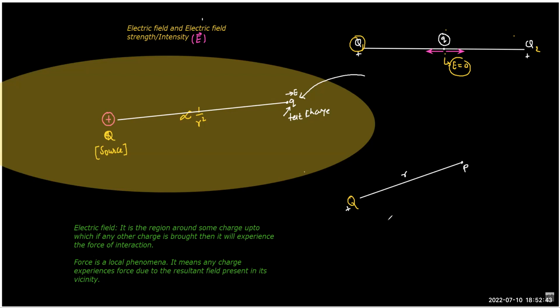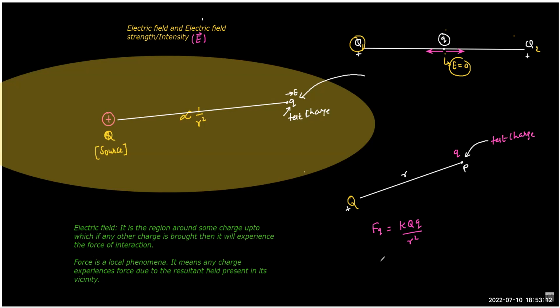So what we do is we bring some test charge at this location, let's call it q. And we calculate the force on this test charge. Because these are two charged particles, we can write Coulomb's formula, K Q1 Q2 by r square.